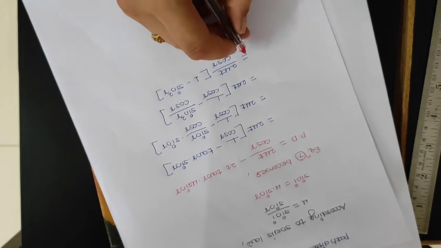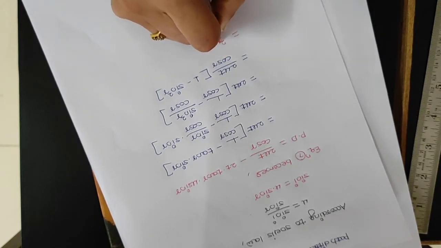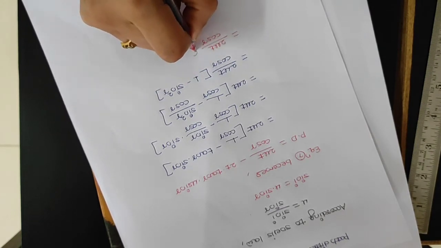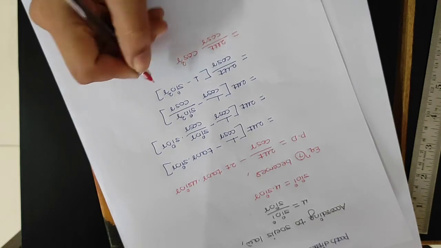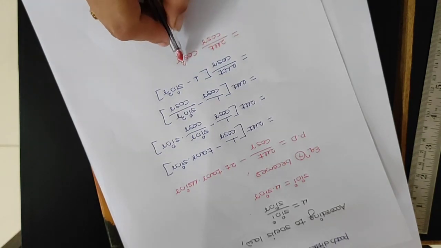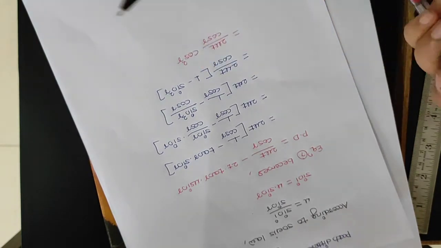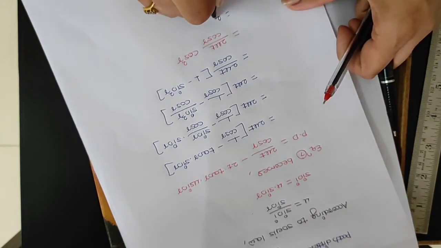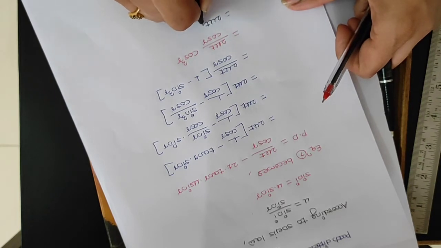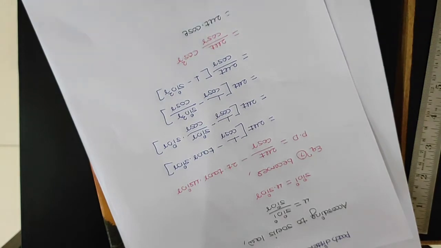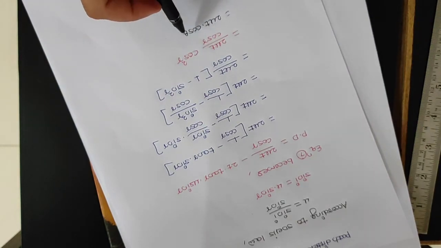So here 1 cos will get cancelled. So the remaining equation we can write is 2 mu t into cos r. So this is the path difference produced due to the film.